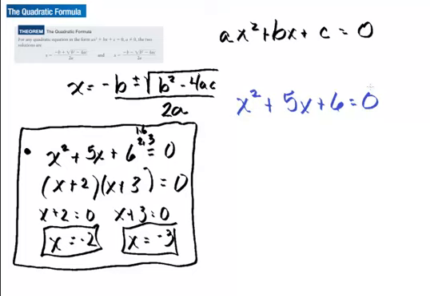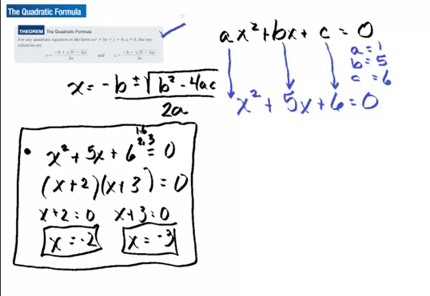In this case, a is always the coefficient in front of the x squared, b is the coefficient in front of the x, and c is your constant. So if I had it set up like this, I would say that a is 1, b is 5, and c is 6. I'm going to put it into my quadratic equation. Here's my theorem right here.